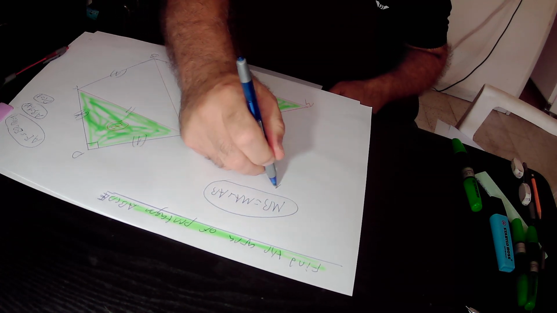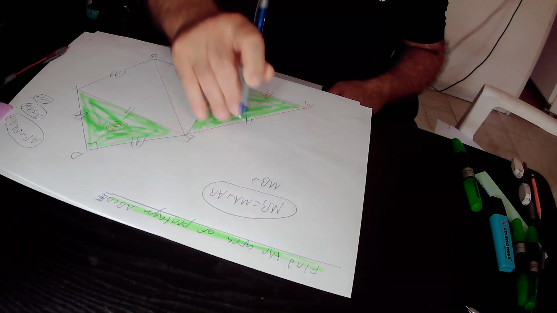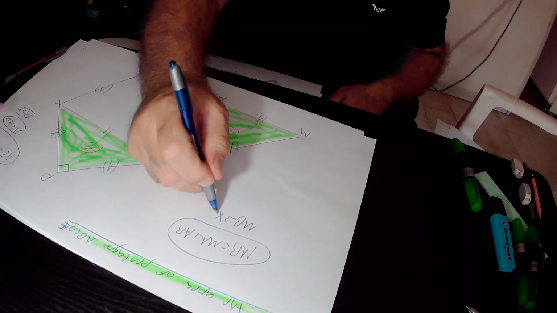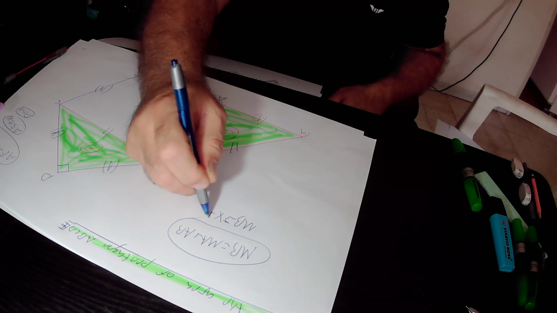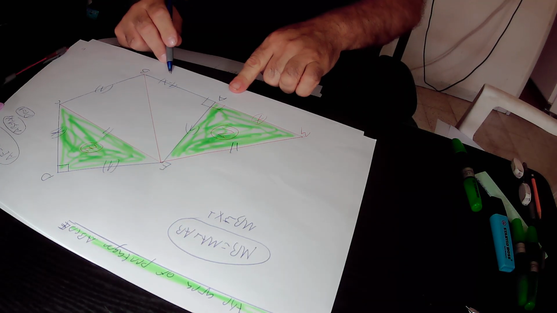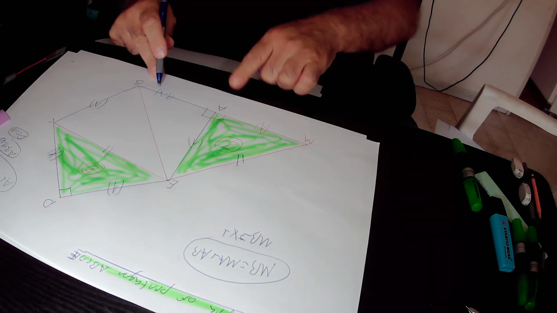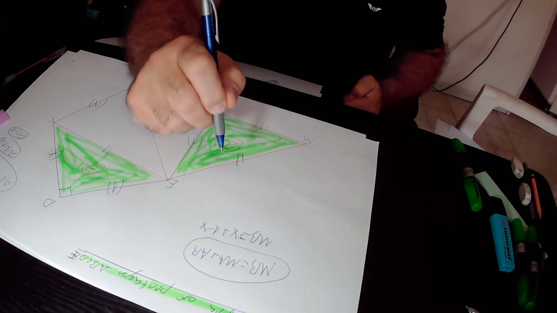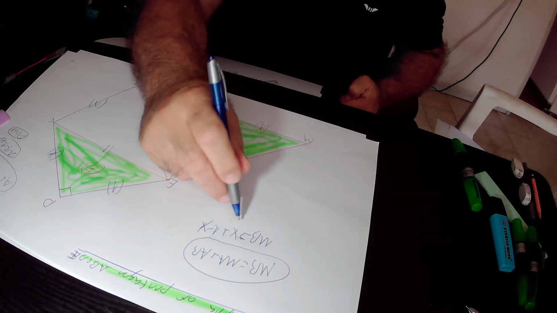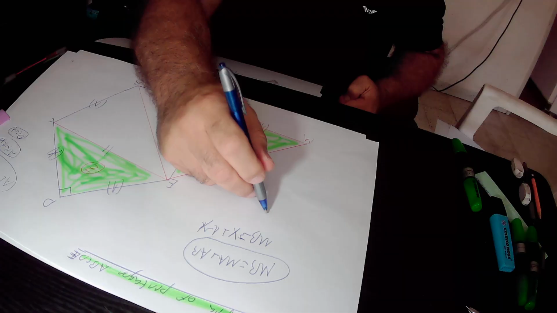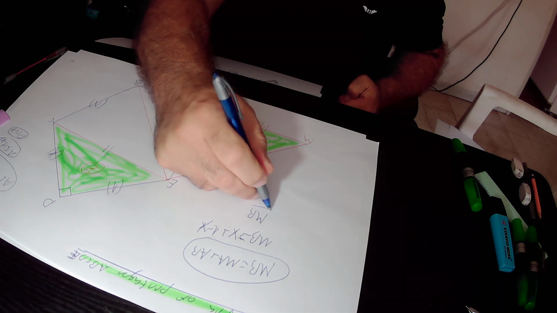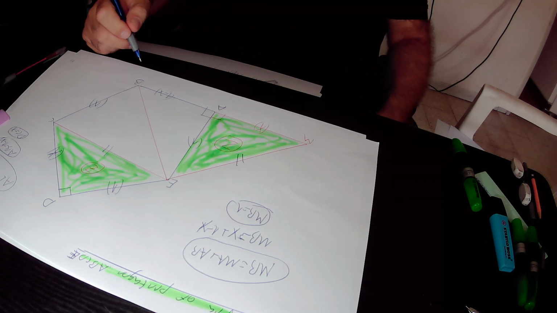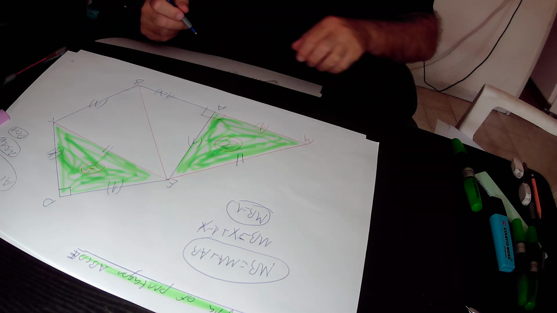So MB in total equals MA, which is X, plus AB, which is 1 minus X. So in total MB equals X minus X, which is 0, and we have only 1. MB equals 1 unit in its length. So we found out that side MB of triangle MEB is equal to 1 unit in its length.